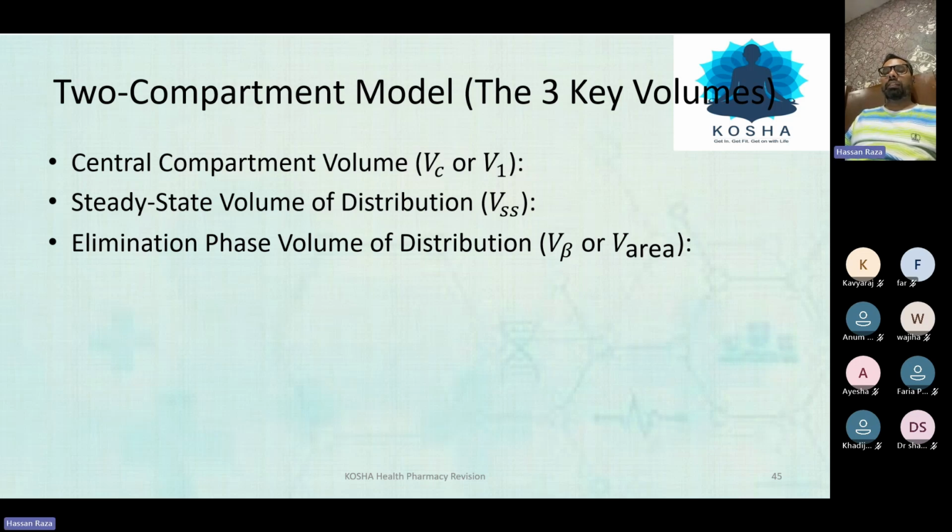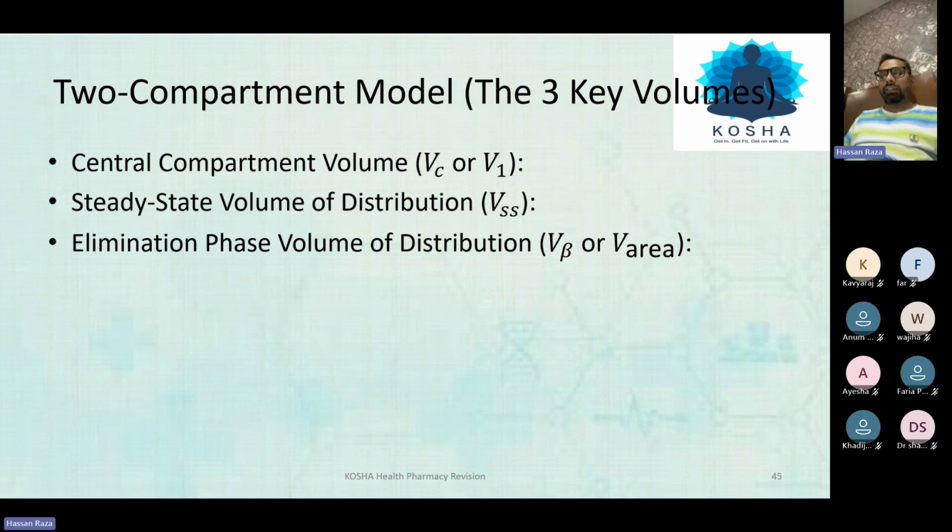What we can do is simply take the blood and determine the concentration of drug in the blood. So we have to realize there are three instances for a drug which is highly distributable, which has a high volume of distribution.